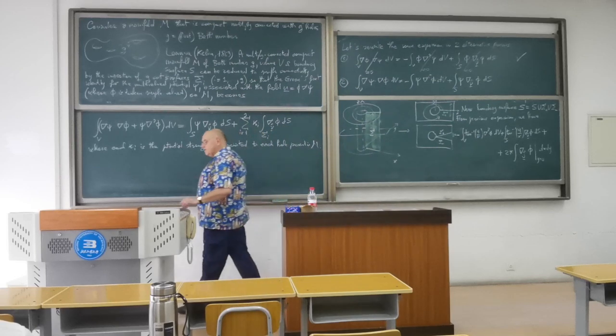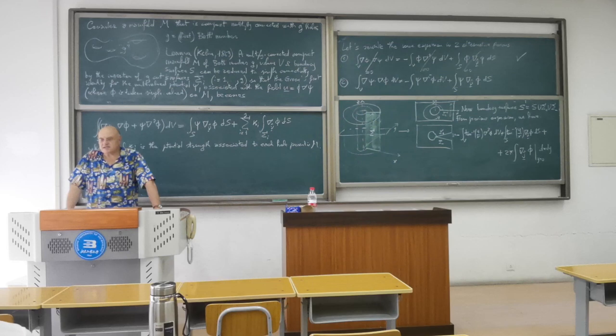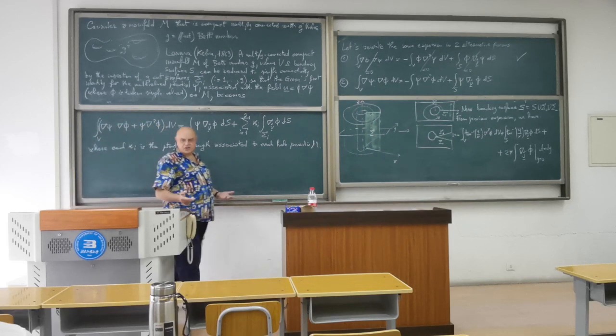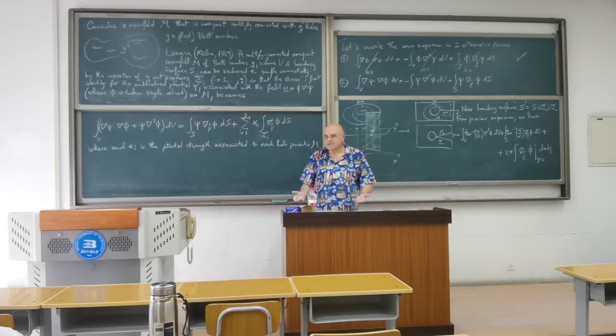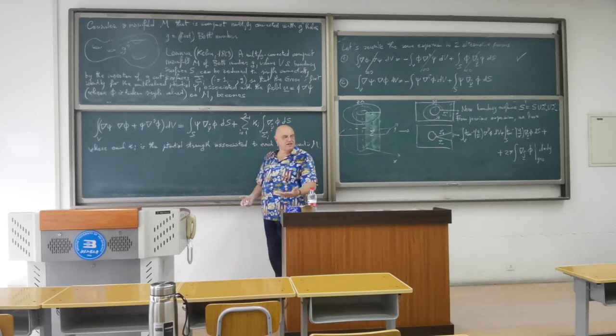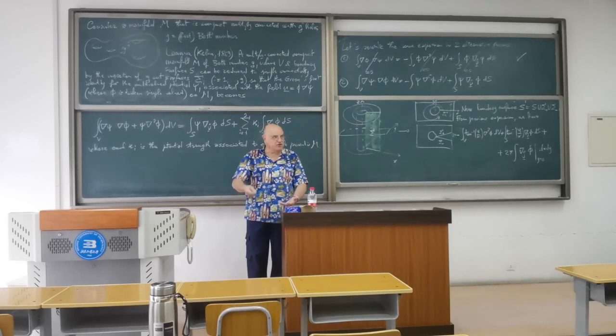But even in the 20th century, for some time, potential theory was regarded as a mathematical artifact. Physicists were really reluctant to talk about potentials. And to some extent, it makes sense. You measure in gravity, you measure gravitational force.